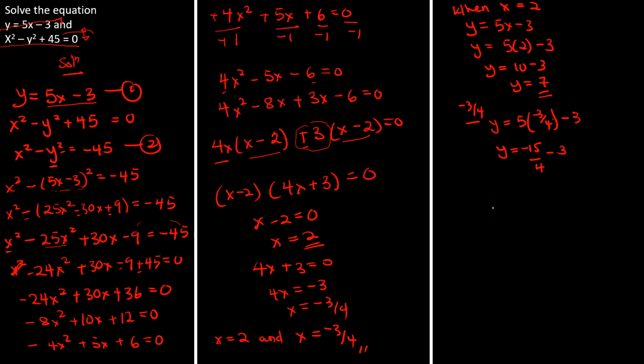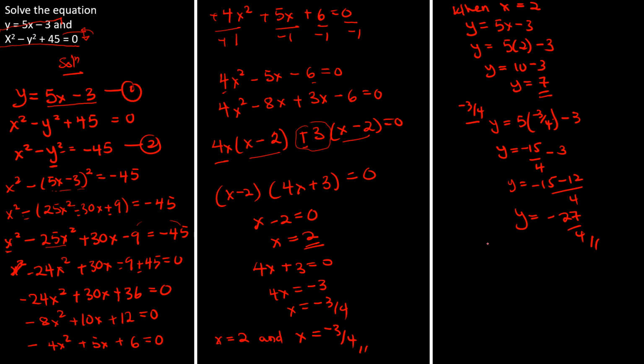Then from here, y is equal to negative 15 minus 12 all on 4. Then y is equal to negative 27 all on 4. So with this, that is the value of y. When x is negative 3 on 4, y will be negative 27 all on 4.